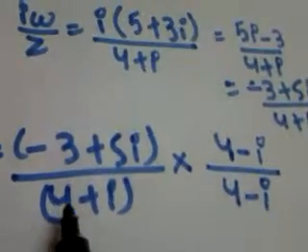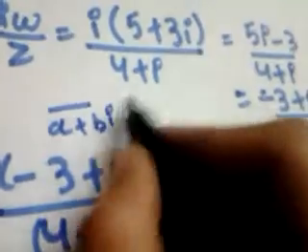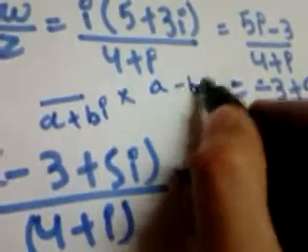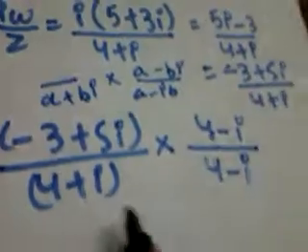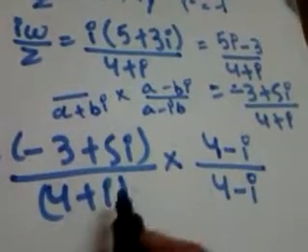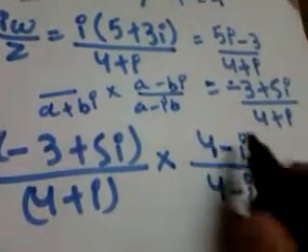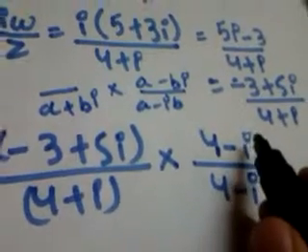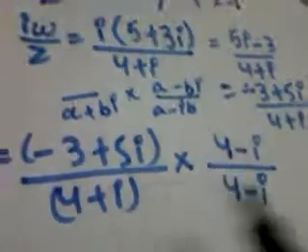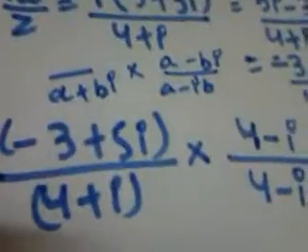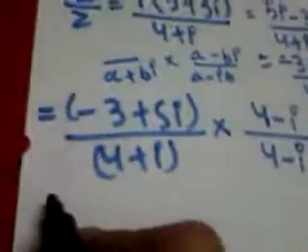So if it were a plus bi, multiply it by a minus bi, just reverse the sign, change nothing else. And this is what we call the conjugate of the complex number. The same complex number, just the sign in between is reversed. That's the conjugate. The conjugate of this is this and the conjugate of this is this. Just remember that. Multiply, just change the sign in between, nothing else.